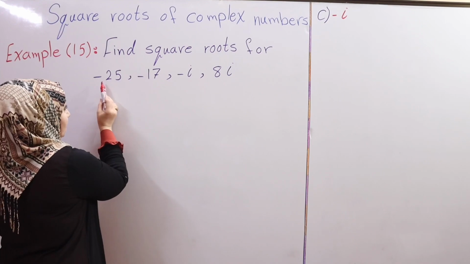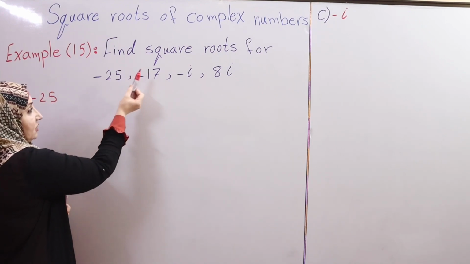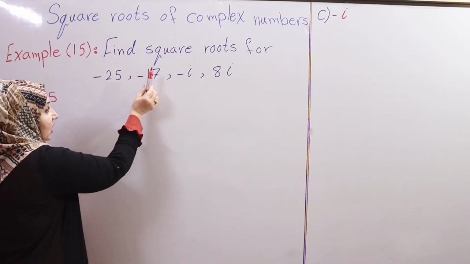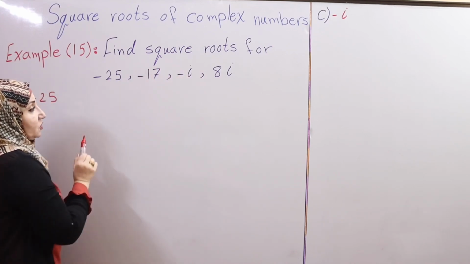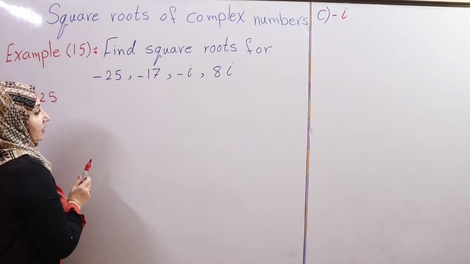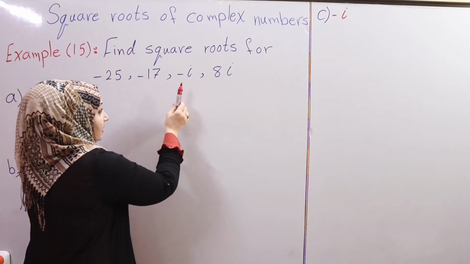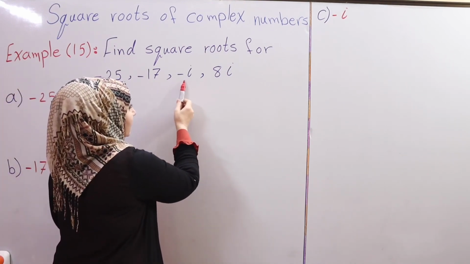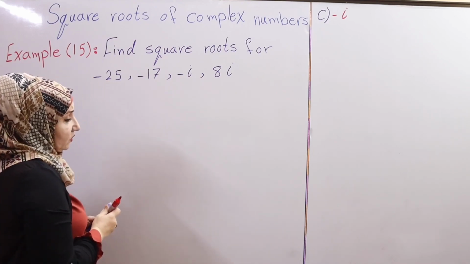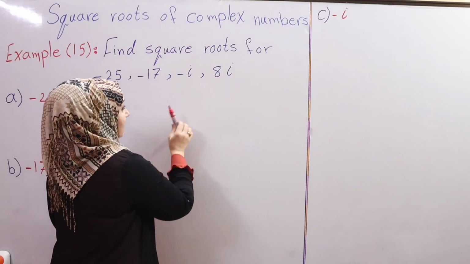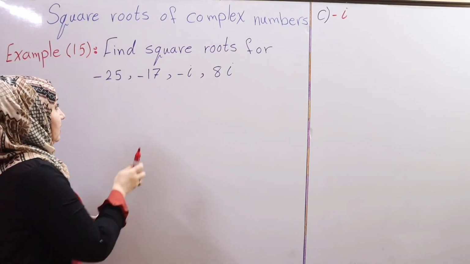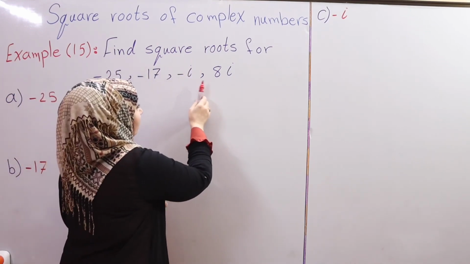And these two numbers are already imaginary numbers, since we notice the imaginary unit. That means they are complex numbers, and we will find the square root for these two numbers.